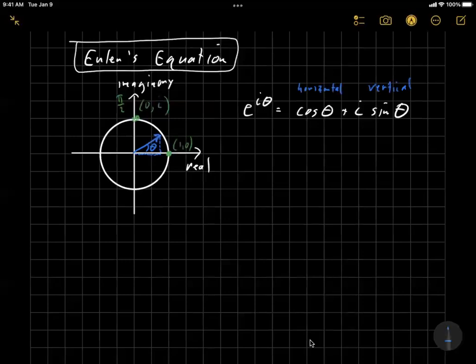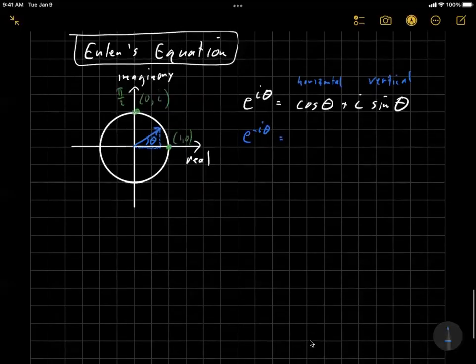Now, if I were to look at e to the negative i theta, visually that would be the same as going negative theta. So my picture is a little bit off. It's not completely symmetric, but I would go theta in the opposite direction.